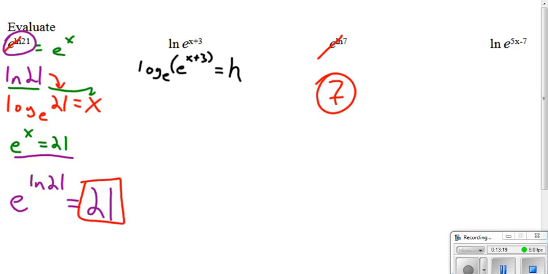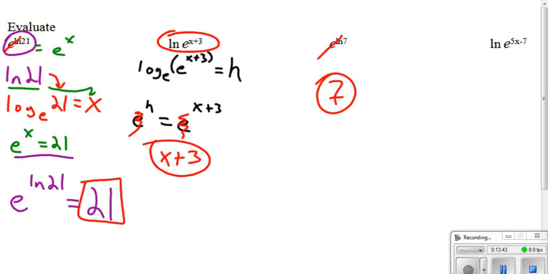If we write it in this form, what that's saying is e to the h power equals e to the x plus 3. Well, notice how we have the same base each time. It's e. So we can just get rid of that and say that h equals x plus 3. So if h equals x plus 3, then this whole value here just equals x plus 3. So again, it's just like canceling out the ln with that e.